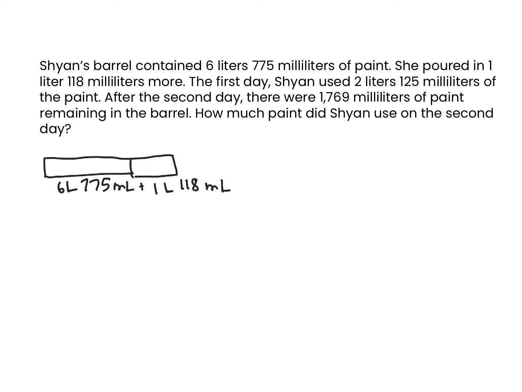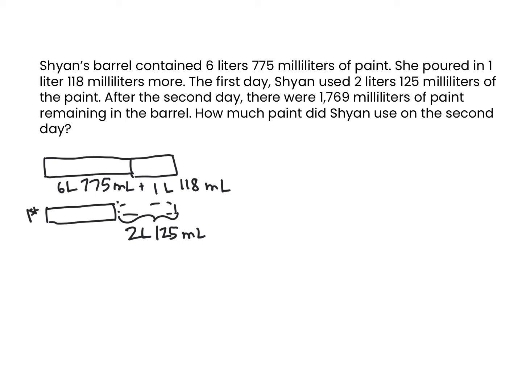So then the first day, she used 2 liters. Oops, that's not going to be right. We're not going to put it there because that's not what we know. We know that she used this part right here that we don't know was 2 liters, 125 milliliters, and this is day 1.